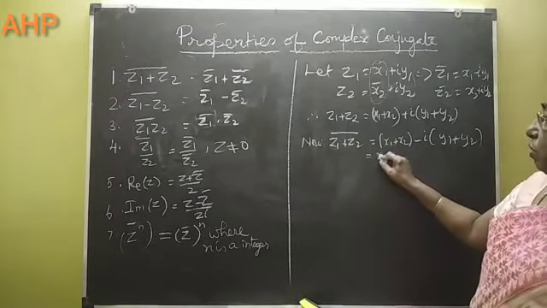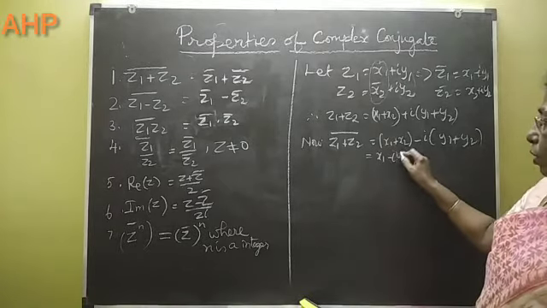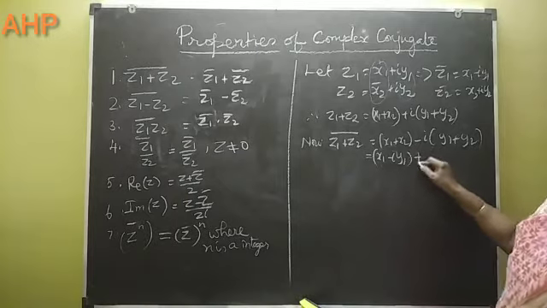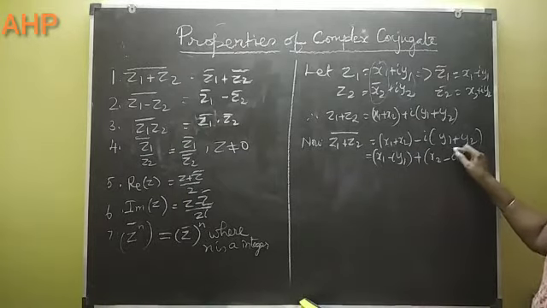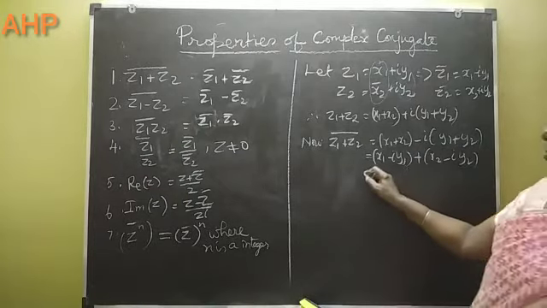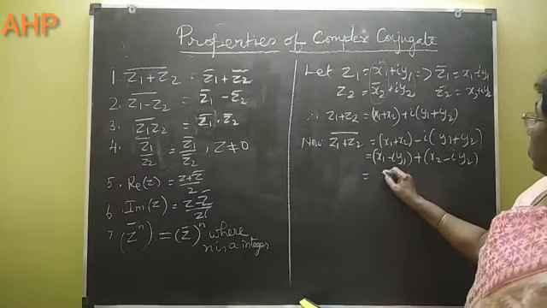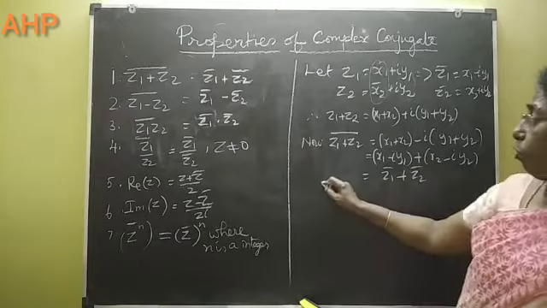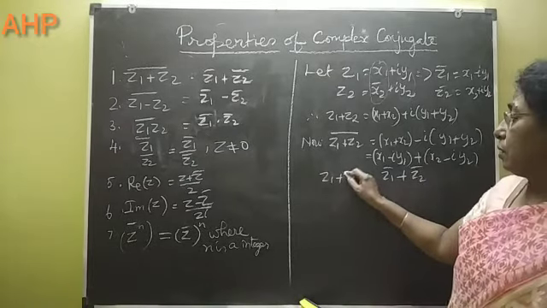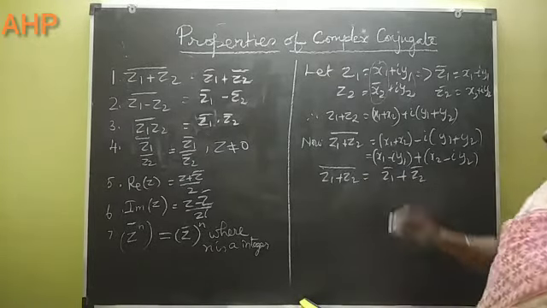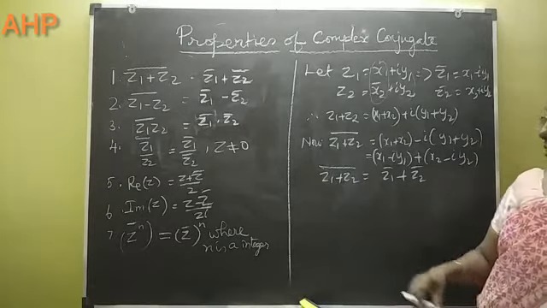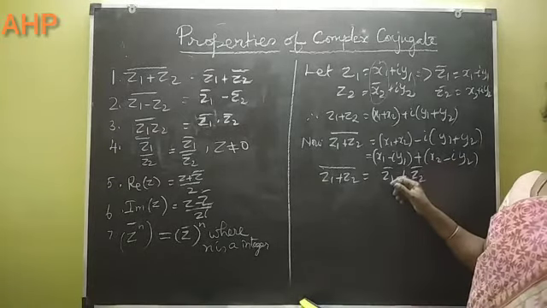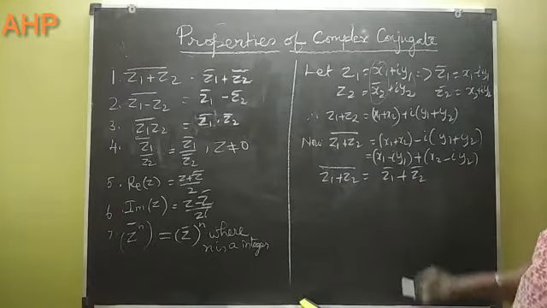So this is equal to x1 minus iy1 plus x2 minus iy2. So this is equal to z1 bar plus z2 bar. Therefore, conjugate of z1 plus z2 is equal to conjugate of z1 plus conjugate of z2.